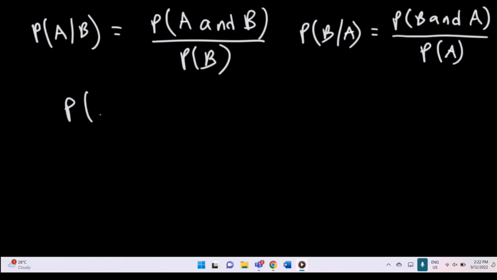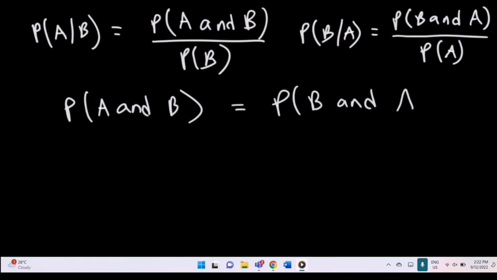Likewise, the probability of A and B equals the probability of B and A. Basically, we are setting both of these equal.